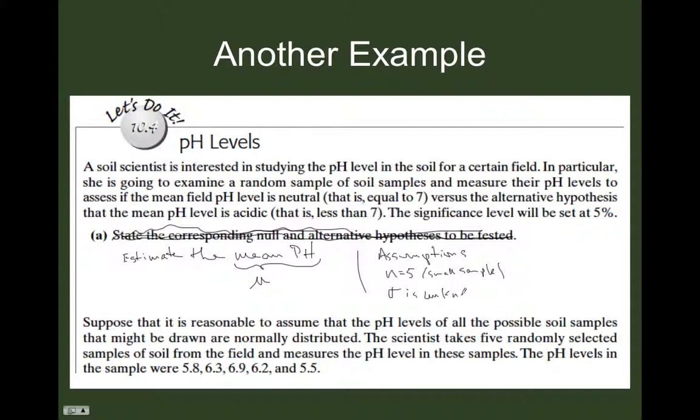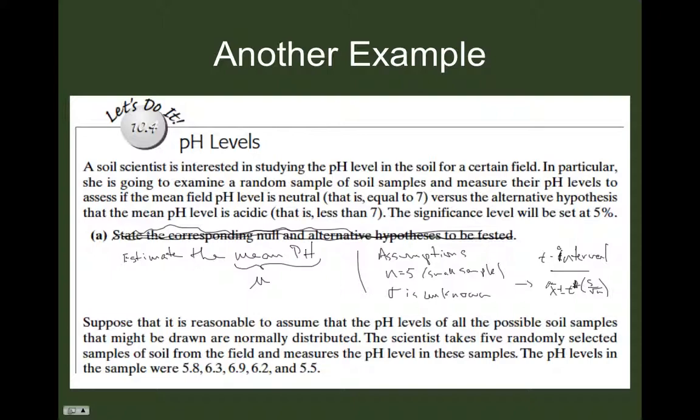So we're not given sigma here. So these things together tell me I need, instead of a z interval, to do a t interval if I want to estimate the pH. And so the formula is going to look like x bar plus or minus t star now times s over the square root of n, or the standard error of the mean.